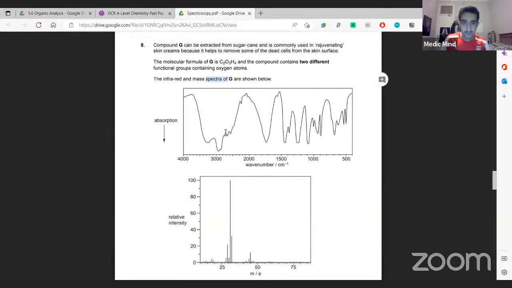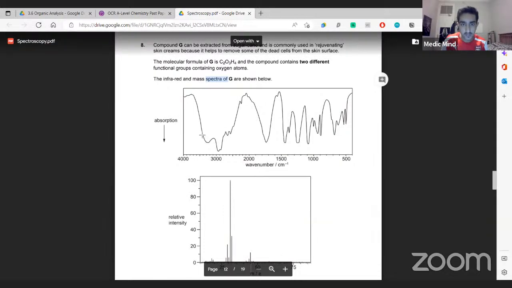What I can see from this peak here, there's almost two broad peaks at about 3,200 all the way down to 3,000. That indicates an OH group, indicating an alcohol, not a carboxylic acid. Quite important to note.